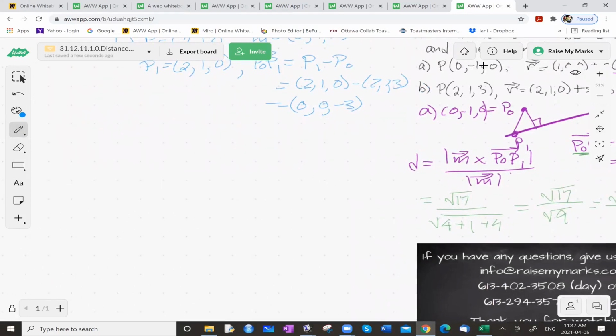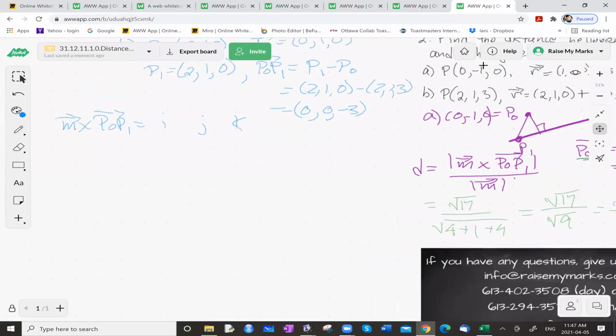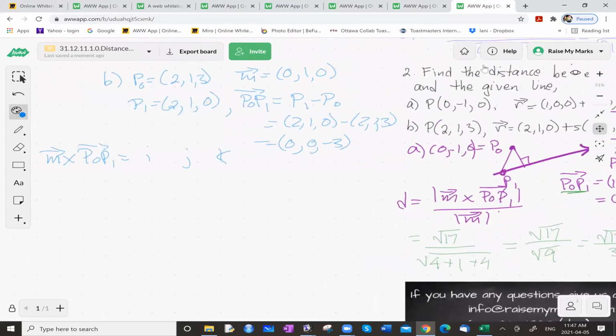Now let's find this cross product. Our direction vector m is 0, 1, 0. Our vector P0P1 is 0, 0, -3.